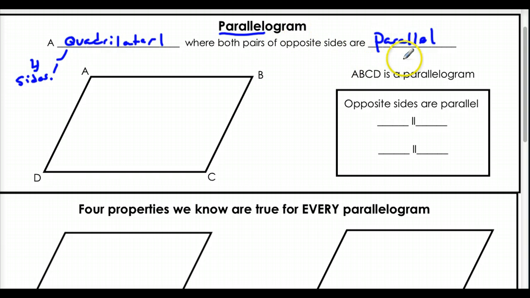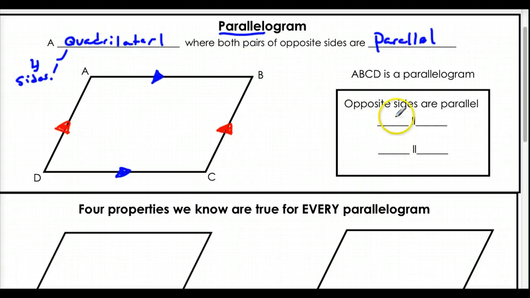Parallelogram, and the sides are parallel. So we know that ABCD is a parallelogram, and that means the opposite sides must be parallel. So AB is parallel to DC. If this is a parallelogram, opposite sides are parallel. And not only that, we know AD is parallel to BC, and that is what makes this a parallelogram.